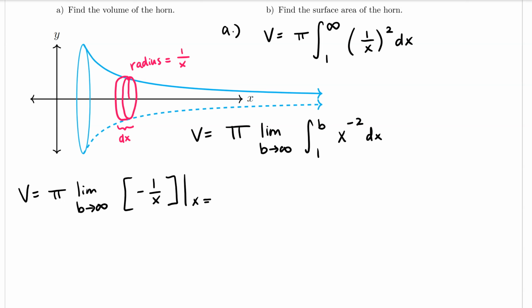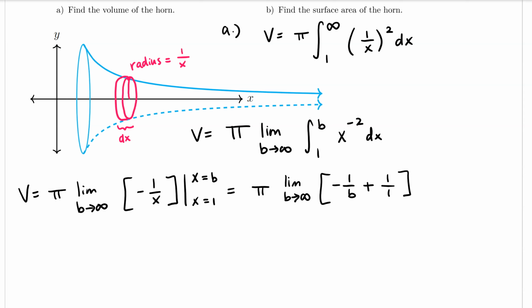And we're evaluating this between x equals 1 and x equals b. So this is equal to pi times the limit as b approaches infinity of negative 1 over b minus, or plus, because it's going to be subtracting a negative, 1 over 1.